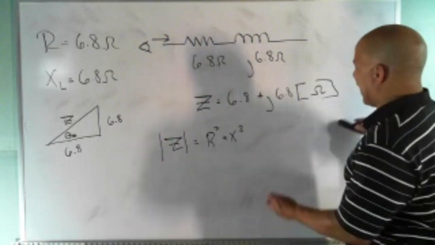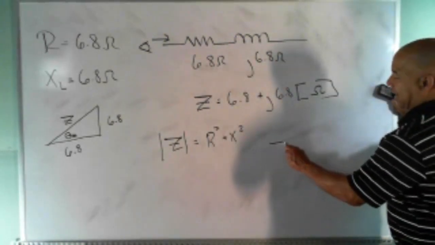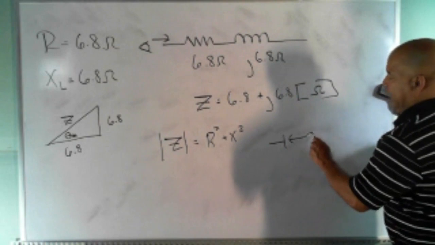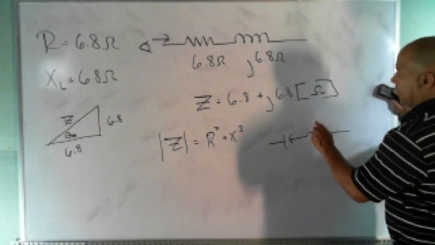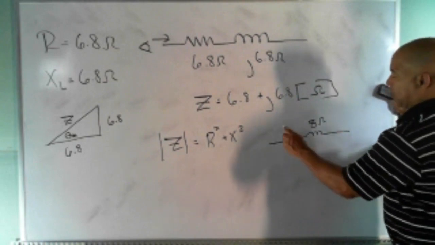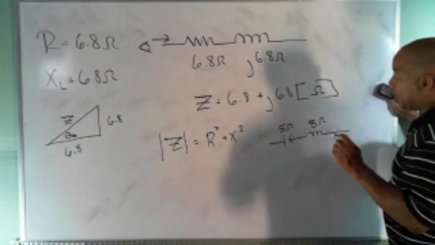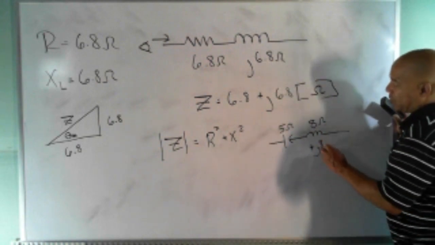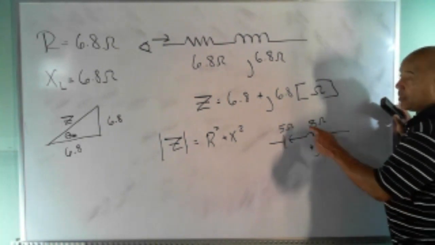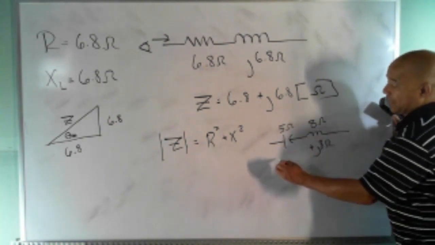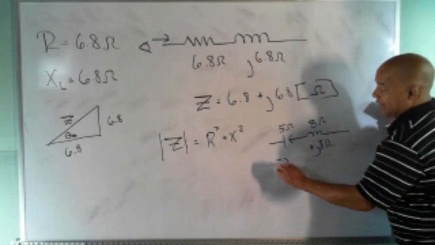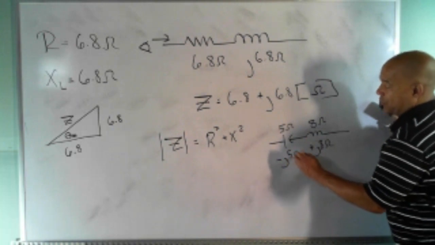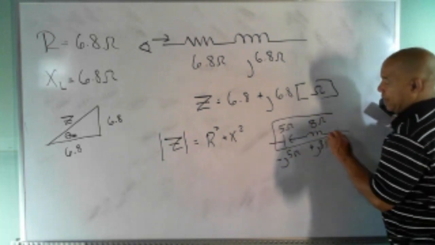So if I had a capacitor and an inductor, say this was 8 ohms and this was 5 ohms. Well, if that's 8 ohms, it's really a positive j8 ohms. You have to supply that. If this is 5, it's really a negative j5 ohms. So for the net reactance I have to subtract these.